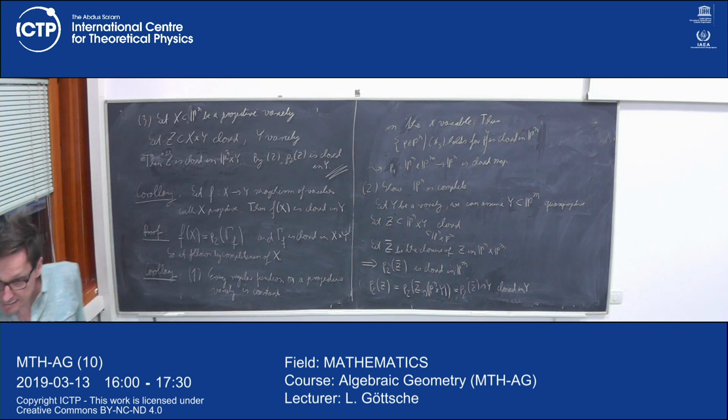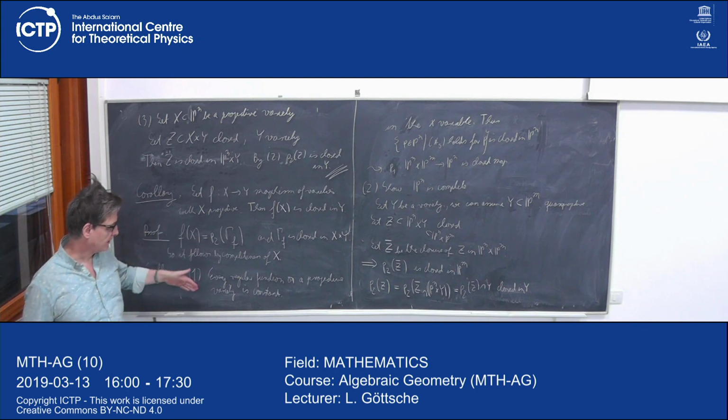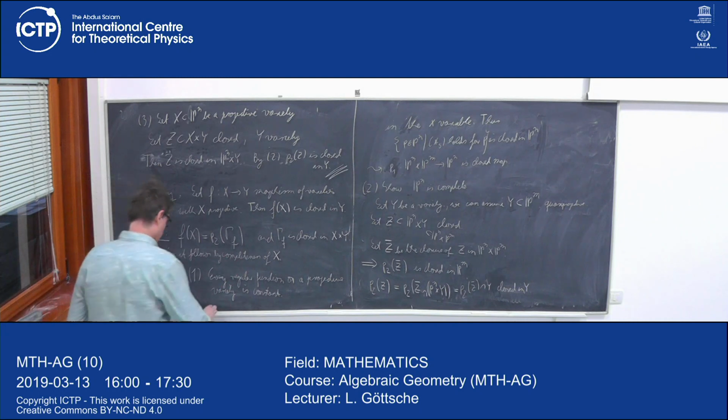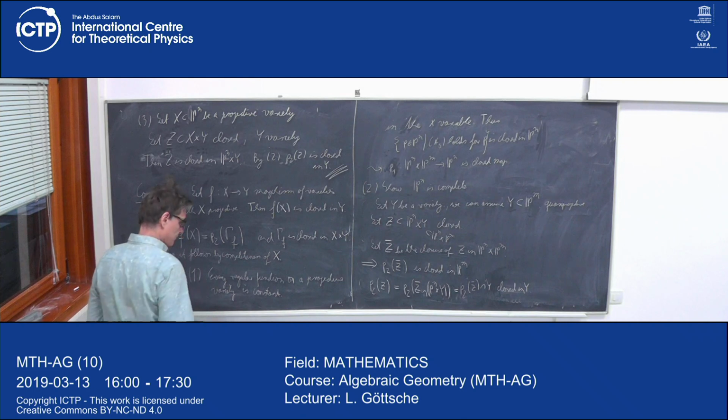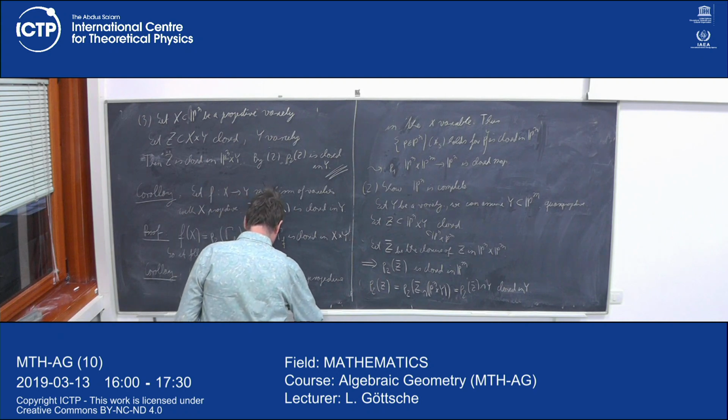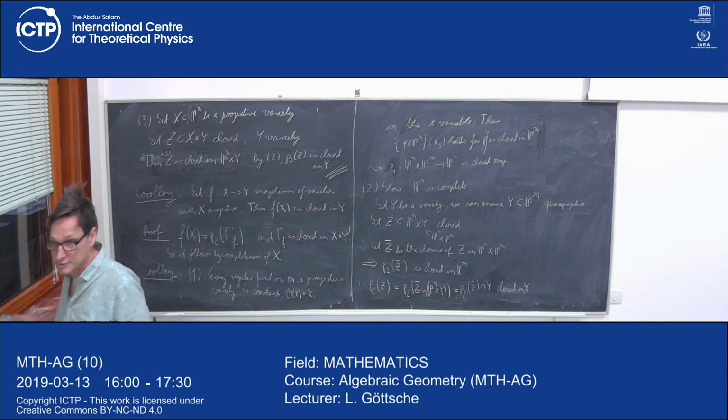And then, amazingly, such a thing has to be constant. So regular functions which are regular on the whole of a projective variety don't really exist. They are just the stupid ones. Regular function means it's regular on the whole of it. So O of X is equal to K for a projective variety.